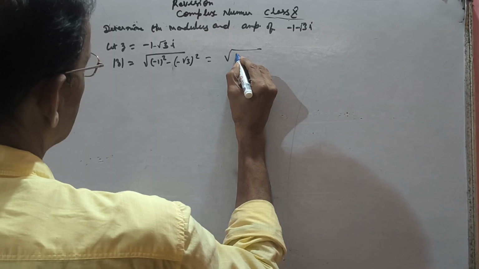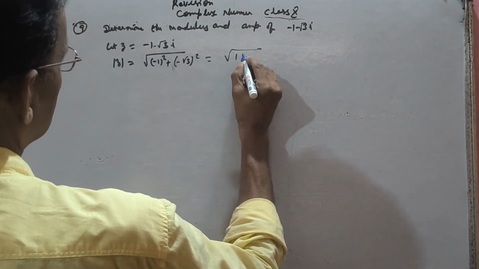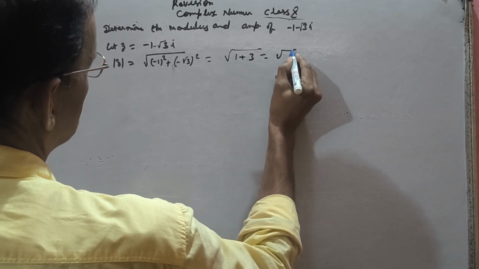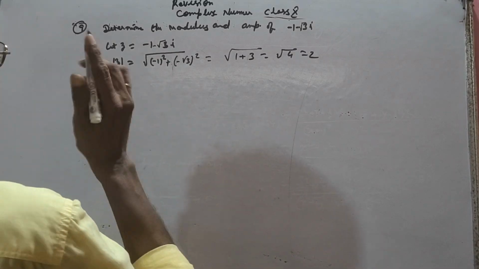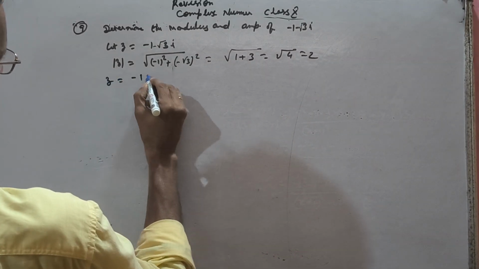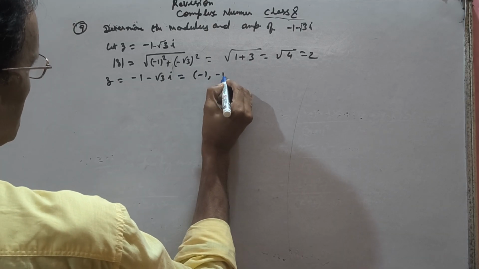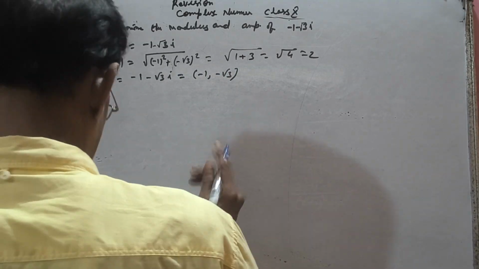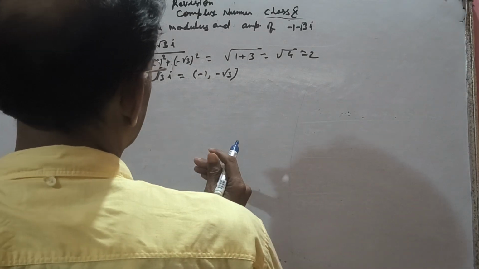What will we get? 1 plus 3, equal to 4, equal to 2. This is the first part, the modulus. Now the amplitude. The complex number is minus 1 minus root 3i. The corresponding ordered pair will be minus 1, minus root 3. It will be in which quadrant? Third quadrant, no?